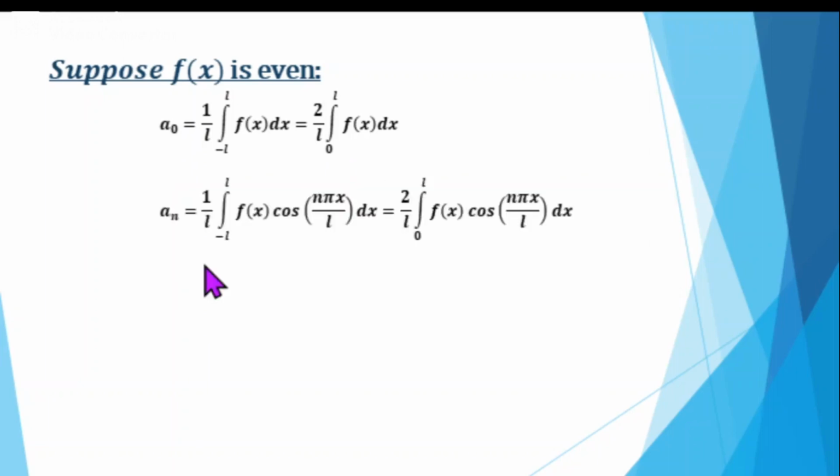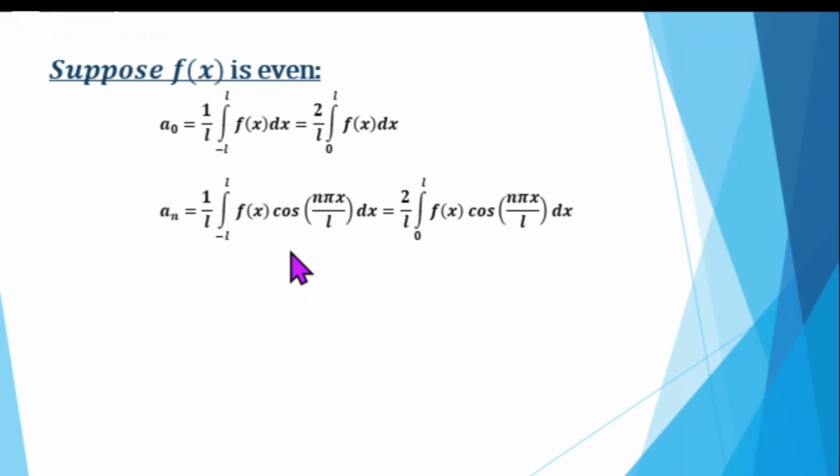Similarly, an formula is 1 by L integral from minus L to L f of x cos n pi x by L dx. Now, cos n pi x by L is an even function, and if f of x is even, then the product f of x into cos n pi x by L will be the product of two even functions.